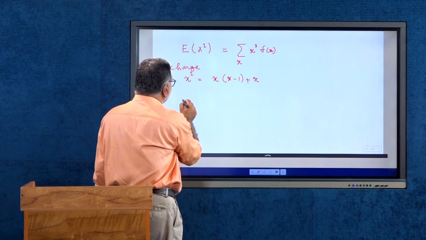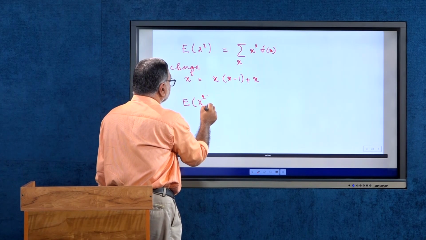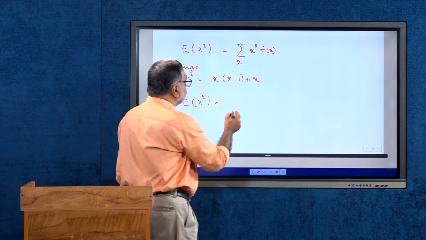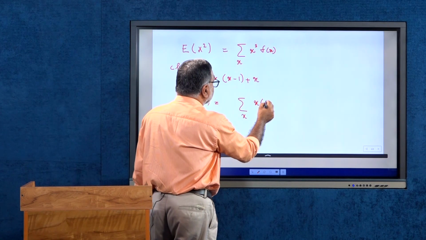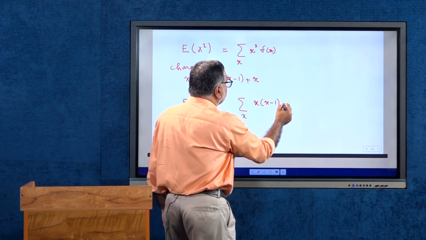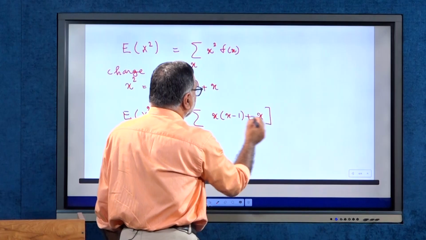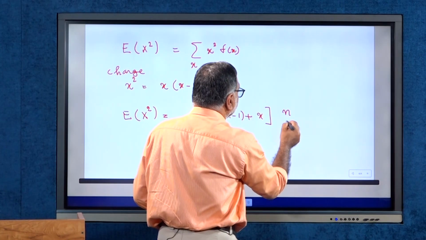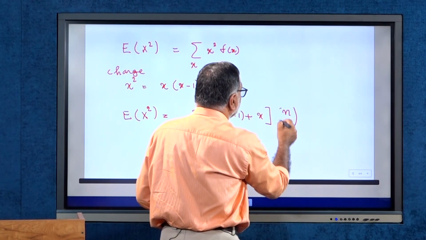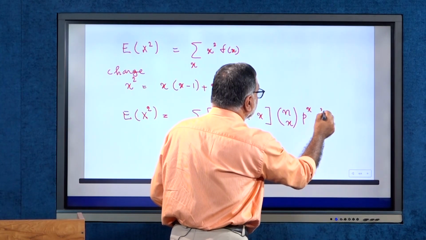So, then the expectation of X squared is equal to sigma over x of (x(x-1) plus x) into f(x), and f(x) you write as nCx p^x q^(n-x).